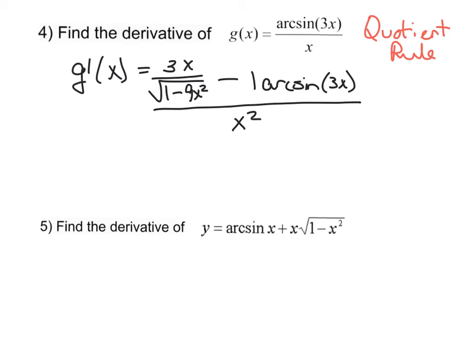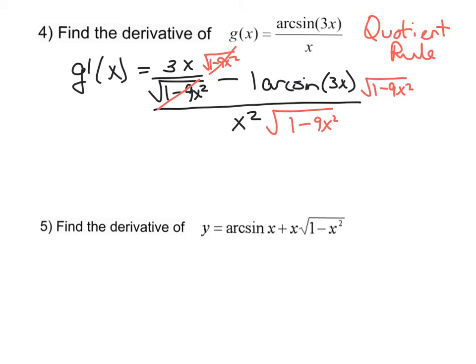Now, of course, our last step is going to be to eliminate this complex fraction. So I'm going to multiply each term by the square root of 1 minus 9x squared because, of course, that's my least common denominator. Okay, so in the numerator, the 1 minus 9x squared underneath the radical will cancel.